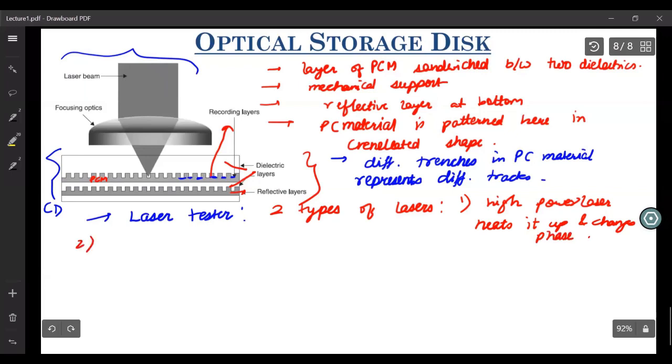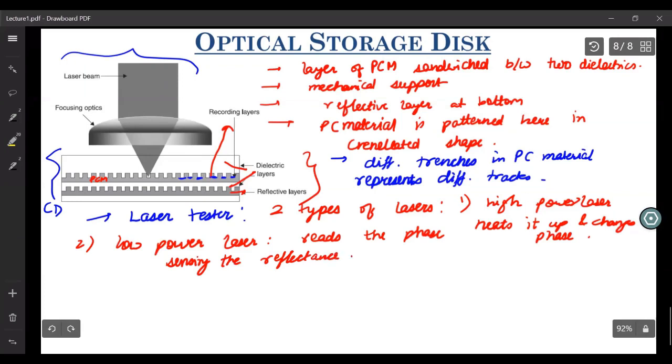And then there's a low power laser. What does this low power laser do? It does nothing, but it only reads the state or the phase. And how will it read it? It will read it by sensing the reflectance.